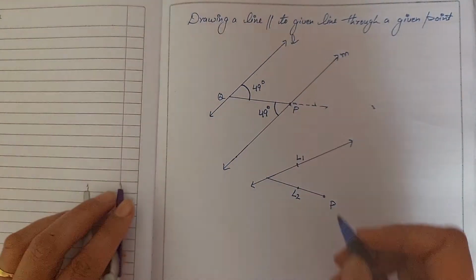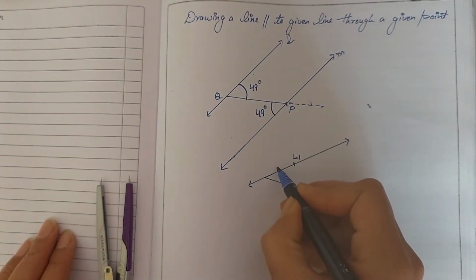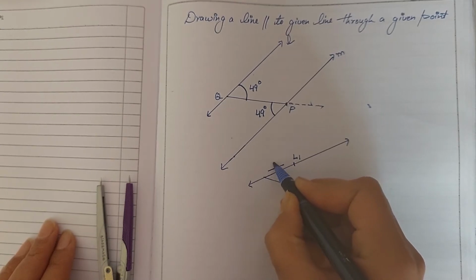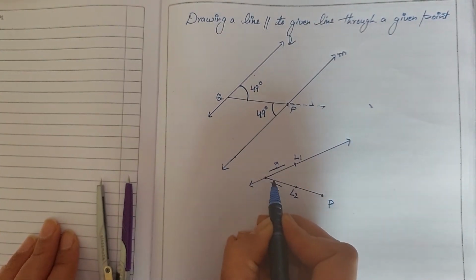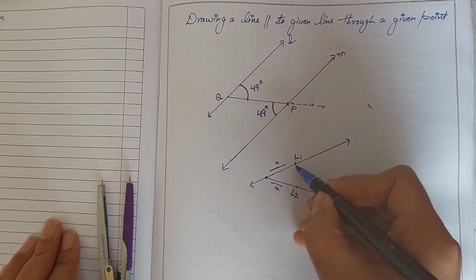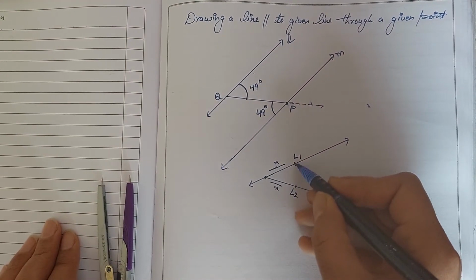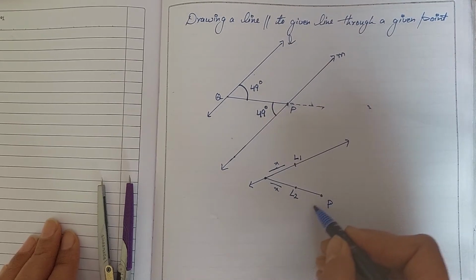Because these two distances are the same, we'll see that from the vertex at equal distance, what is the distance between the arms, and the same we are going to create here.